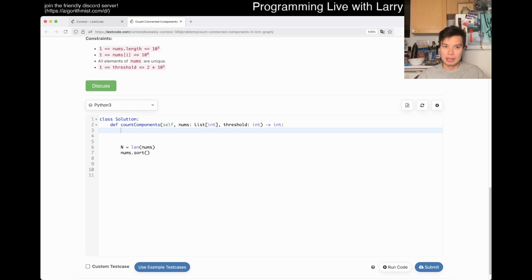What I want is something like this, right? So for x in nums, if x is greater than threshold, 1, right?